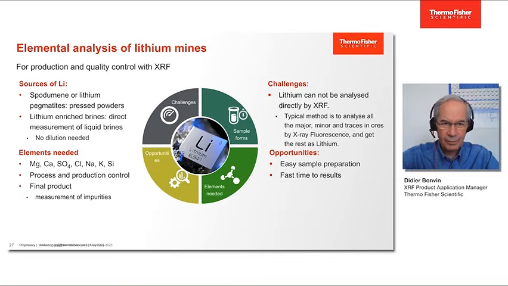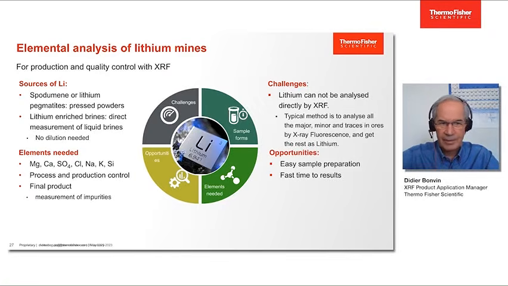The other source of lithium is the brines that are found on salt lakes high in the mountains, either in South America or North America. And then it's a measurement that is done on the liquid brines.